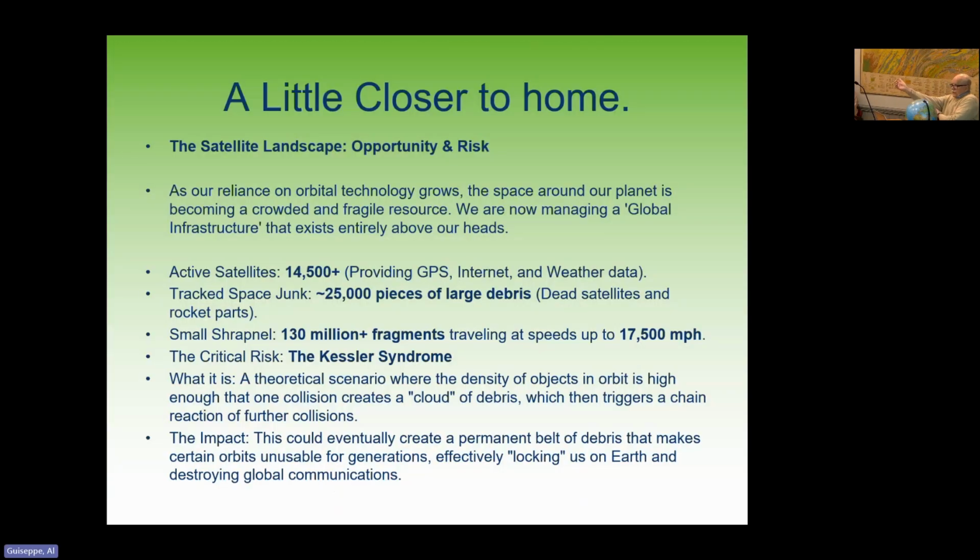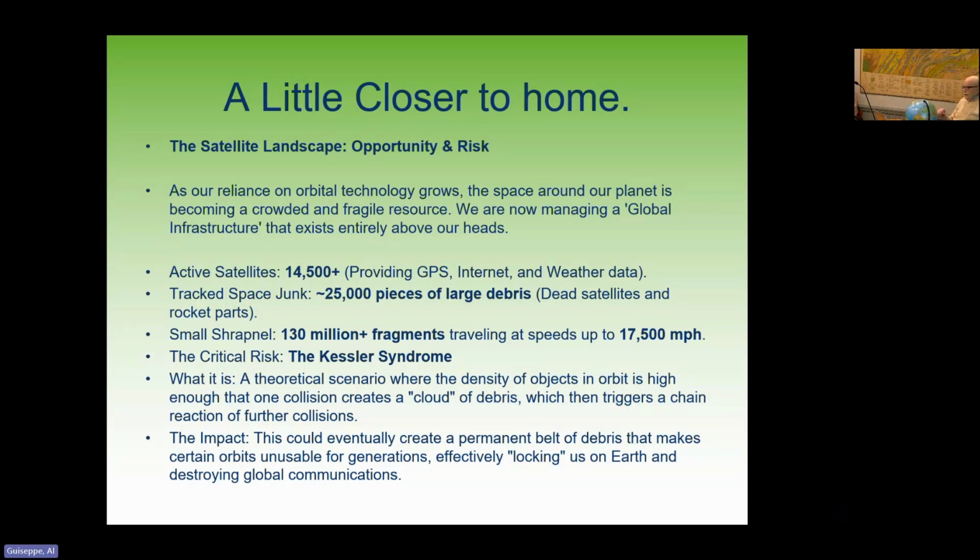The satellite landscape has a lot of opportunity and a lot of risk. Just to summarize, there are 14,500 active satellites around us, 25,000 pieces of large debris that they're tracking, and like 135 million fragments. The statistic I read was that a small flake of paint flying at 17,500 miles per hour has the impact of a bowling ball.